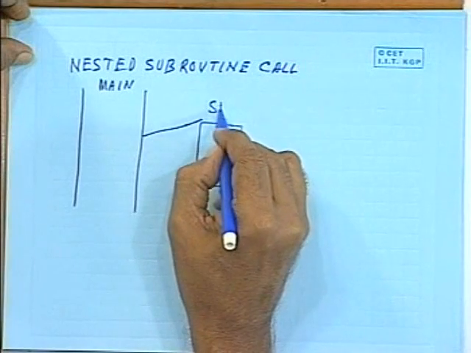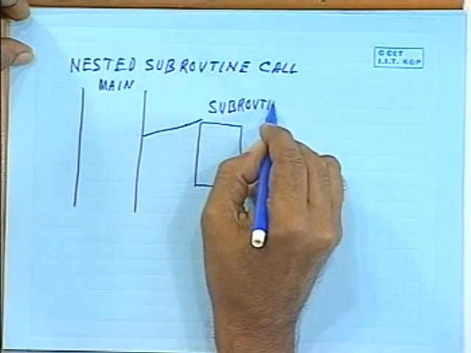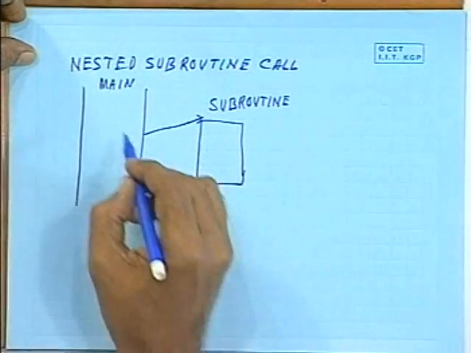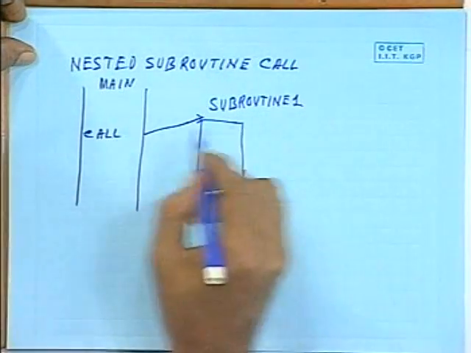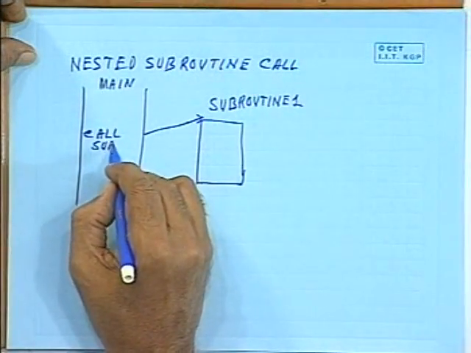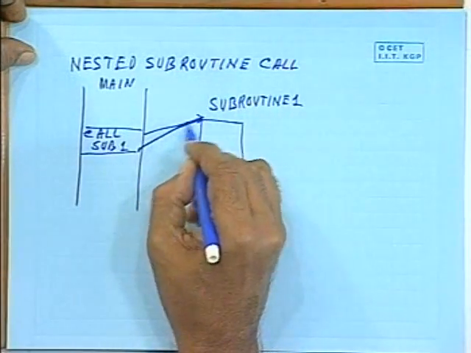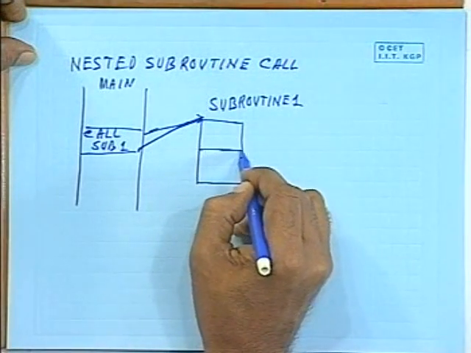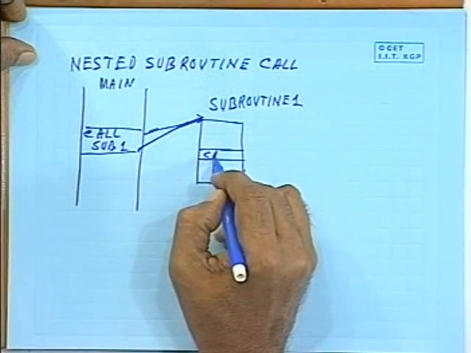This is your subroutine. Now, here you have got call subroutine 1. This instruction has occurred, so it will jump to this subroutine, but before the execution is complete, suppose it has reached this point, here there is another call.